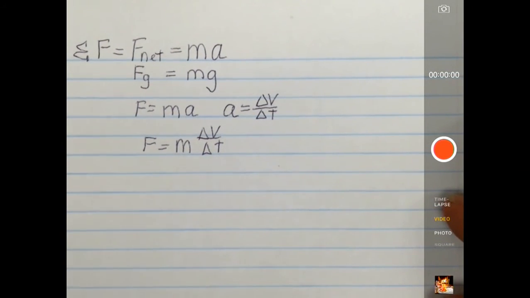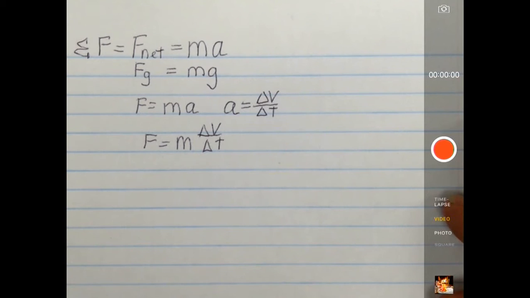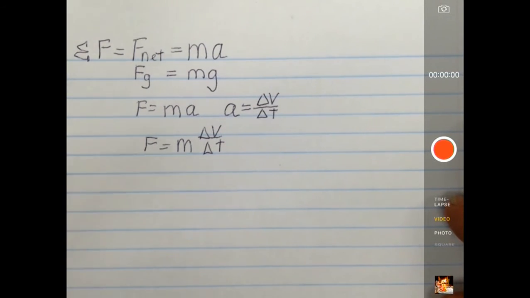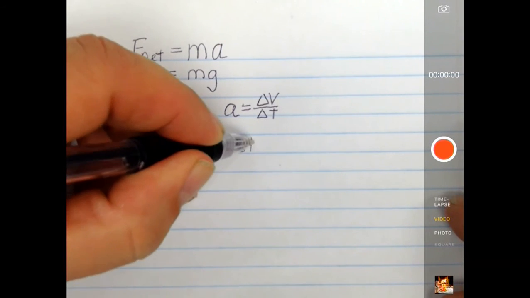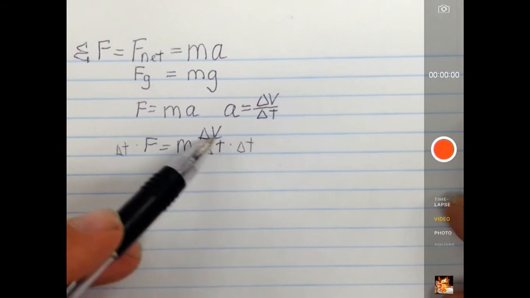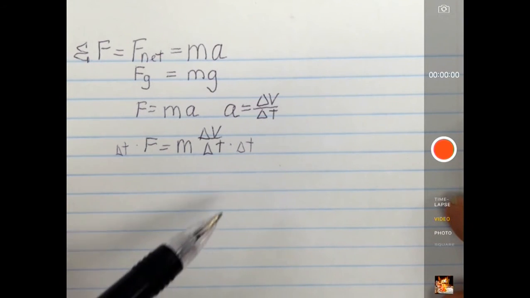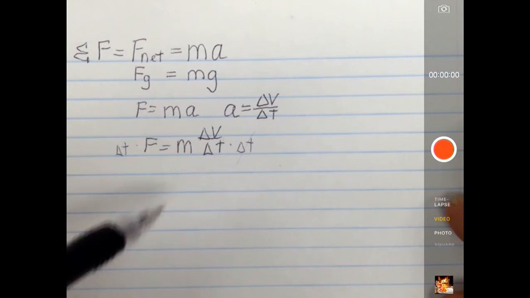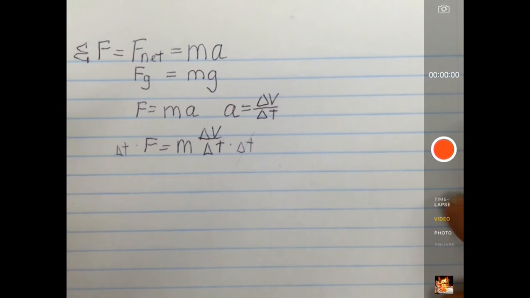Simple substitution. My next step is to multiply both sides by delta t, the change in time. Although I didn't write it so it looks like it, this is in the numerator, that's in the denominator. They're going to cancel.